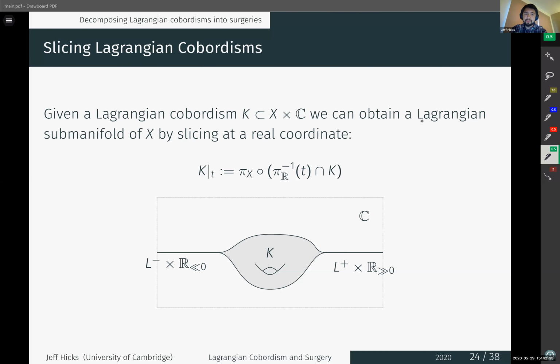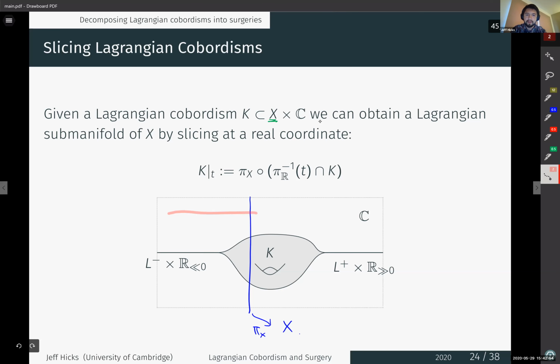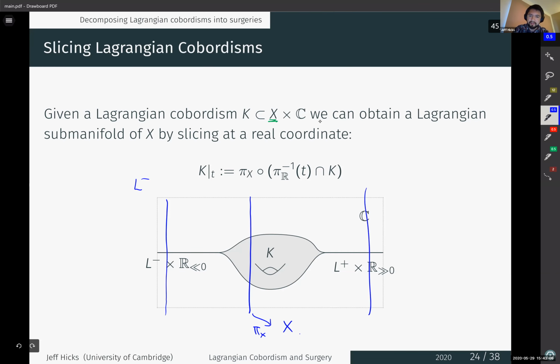So given a Lagrangian cobordism, you can obtain a Lagrangian in the X parameter by taking your Lagrangian cobordism, taking some real line, looking at everything which lives above that real line, and projecting it to X. So you can look over the parameter of your cobordism, find some time that you like, slice it there, and obtain a Lagrangian in X. So some particularly nice slices is that if I slice at the left end of the cobordism, I get L minus, and if I slice at the right end of the cobordism, I get L plus. And this is defined provided that the intersection is transverse.